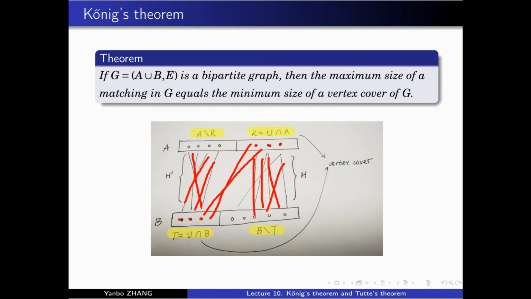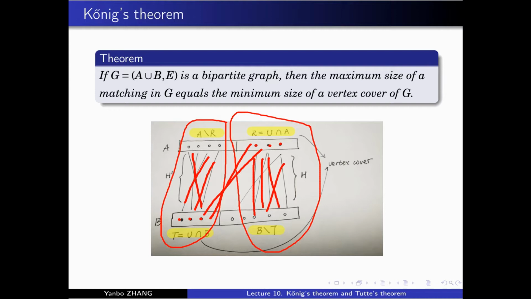Now we consider the subgraph induced by R and B minus T, denoted by H, and the subgraph induced by A minus R and T, denoted by H prime. Note that the union of H and H prime does not contain every edge of G. But that does not matter.